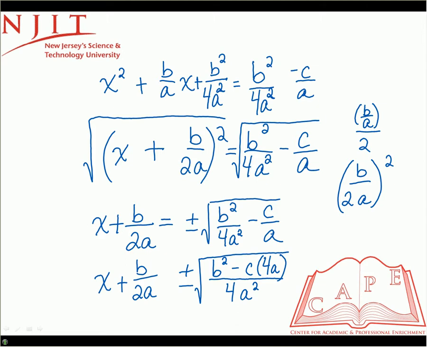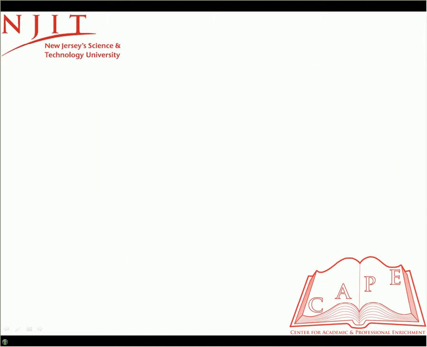Okay, so, what's next? Alright, the next thing is, first I'm just going to rewrite what I had on the previous slide, which is x plus b over 2a is equal to plus or minus.